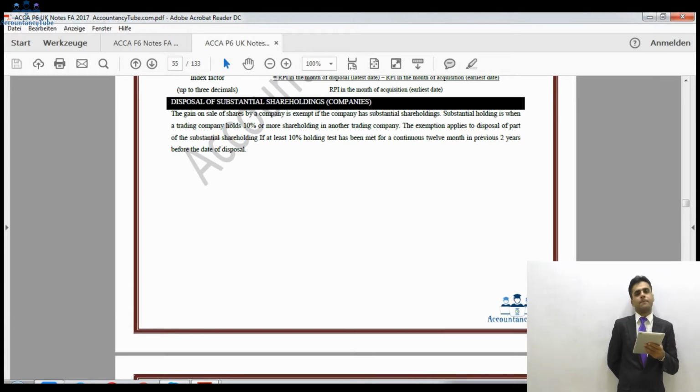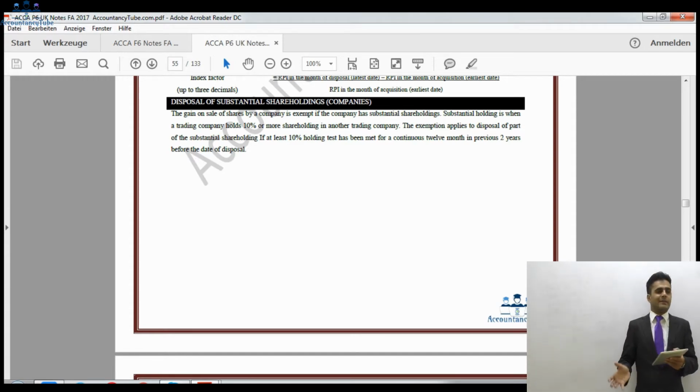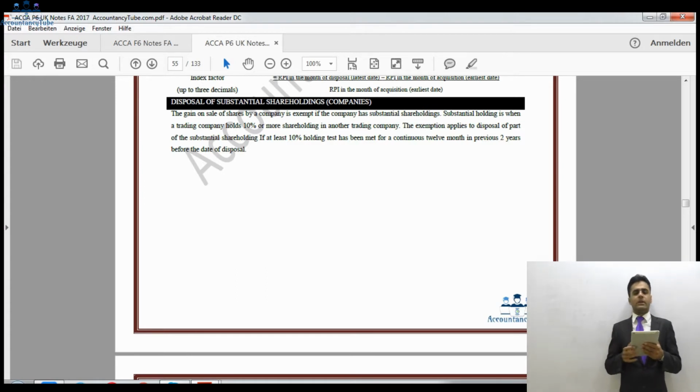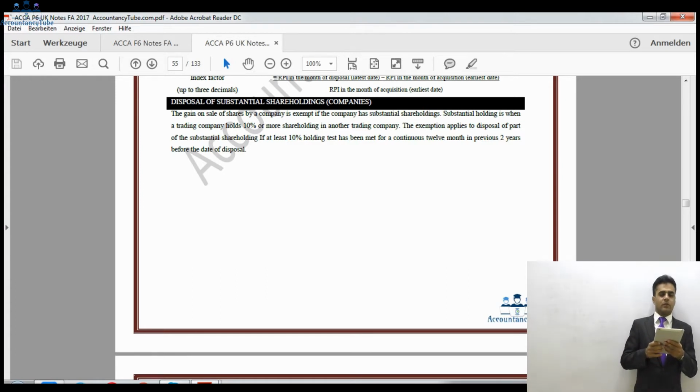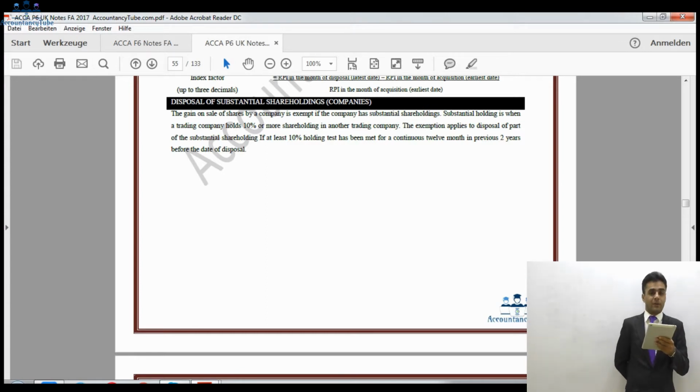So if company A holds 10% shareholding in company B, and company A is selling its shares, then there would be an exemption on the gain made, because it is a disposal of a substantial shareholding.